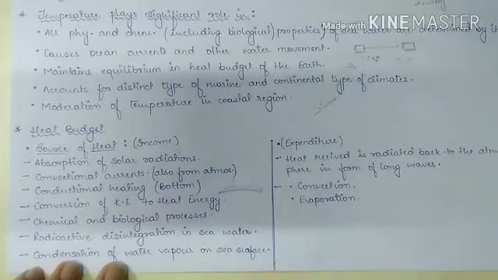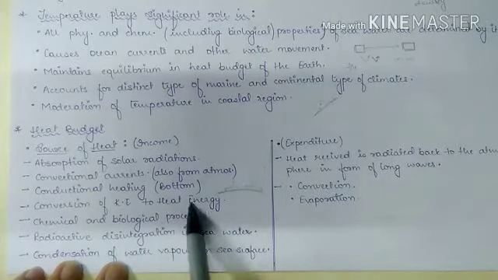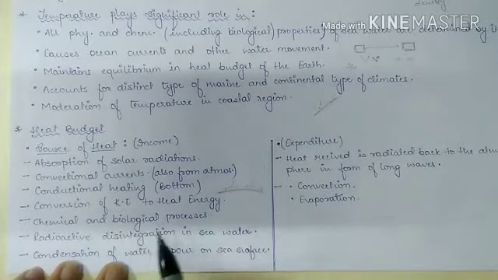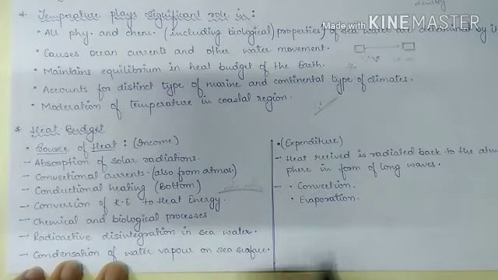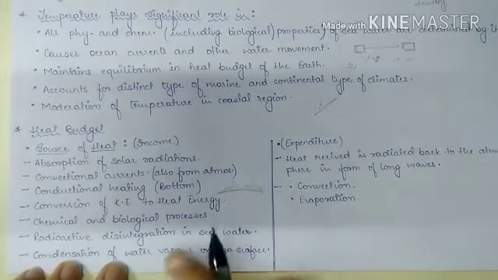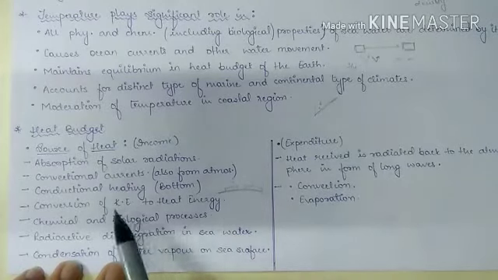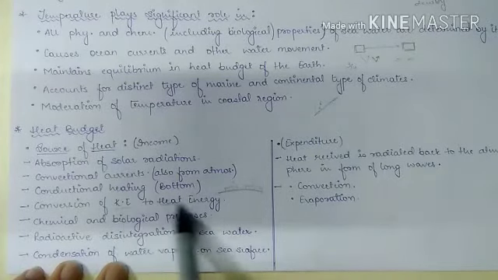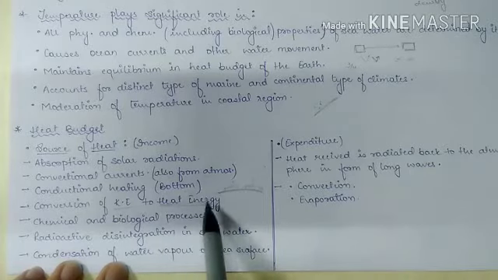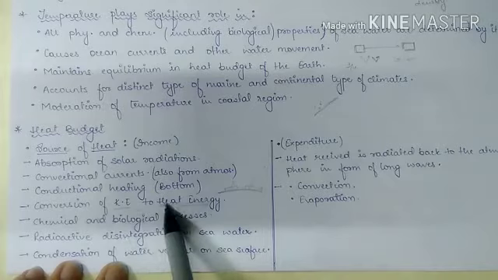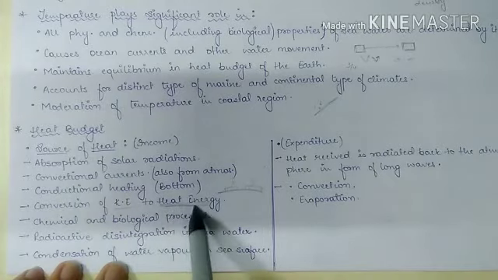Next we have conversion of kinetic energy into heat energy. We all know that by the law of conservation of energy, heat is neither destroyed nor created. It just changes from one form to another. So when kinetic energy changes to heat energy, this heat energy increases the temperature of the ocean, thus being a source of heat.